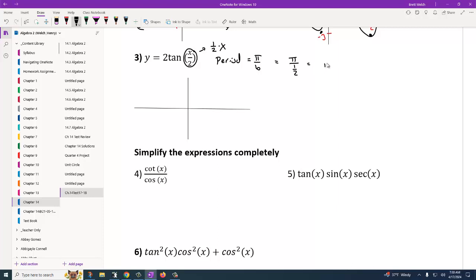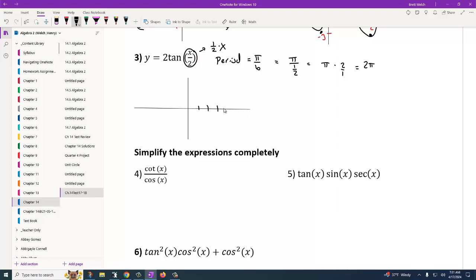And when I keep switch flip, it becomes pi times 2 over 1, which is 2 pi. Again, that's not a tangent-specific problem. That could happen on sine or cosine. Anytime the x is divided by a number, you need to write the b value as a fraction.